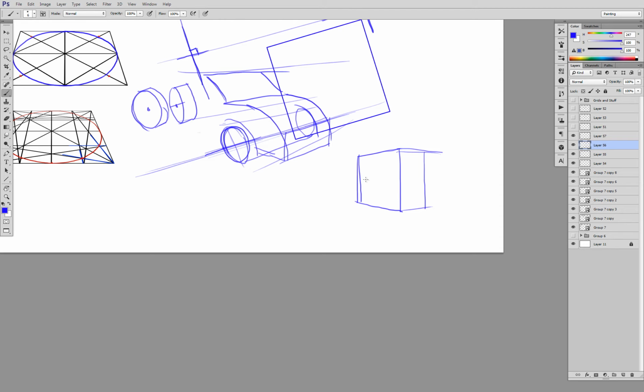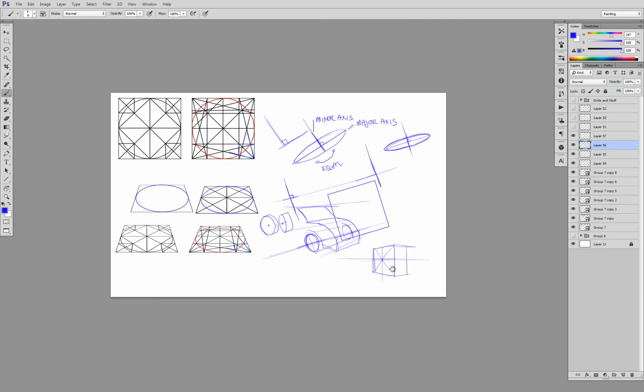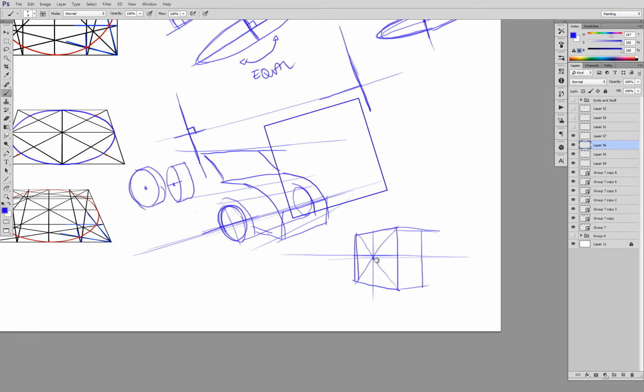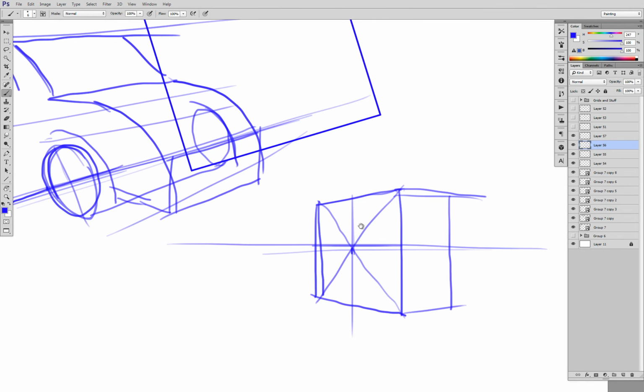So we've got the center line of this object somewhere here. Again, I'm just guessing. If we use this method here, but I don't know it's a square, that might put me in trouble. But what we can do is use all of these issues and try to approximate what's going on.